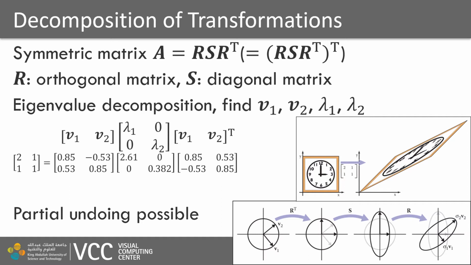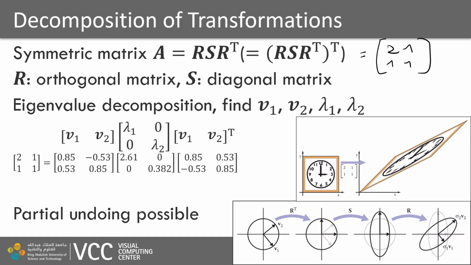So we have already seen the correspondence between eigenvalue and eigenvector decomposition of symmetric matrices. What does it have as a geometric meaning? Let's have a look at the previous matrix from the last lecture on linear algebra, where we had this matrix A, which was equal to 2, 1, 1, 1.